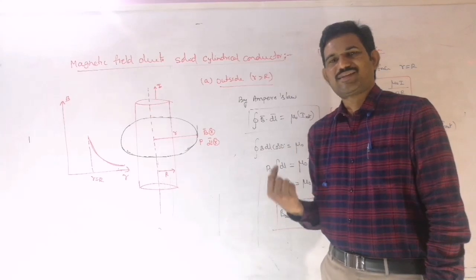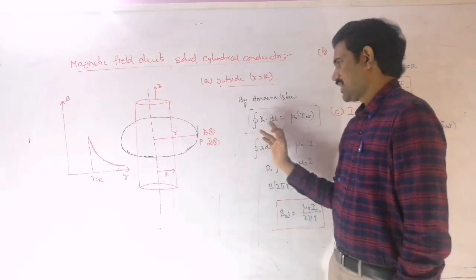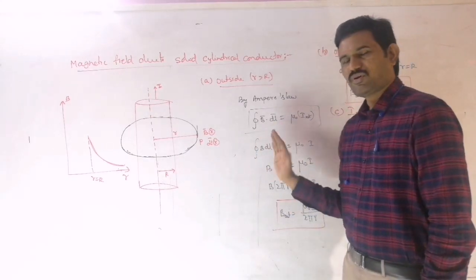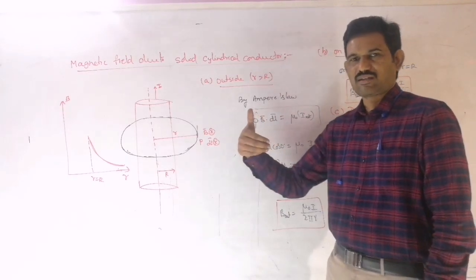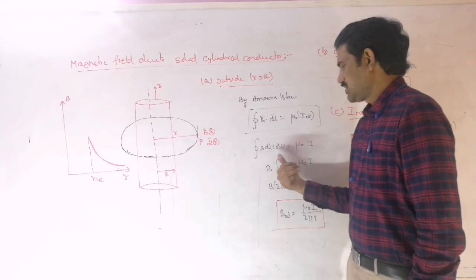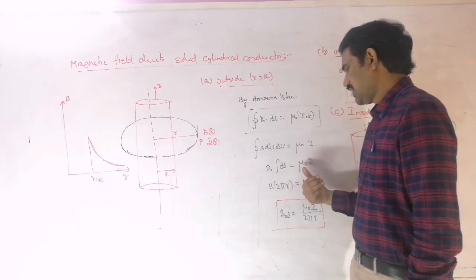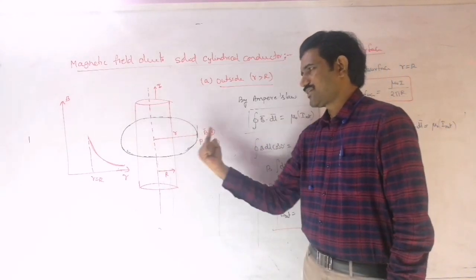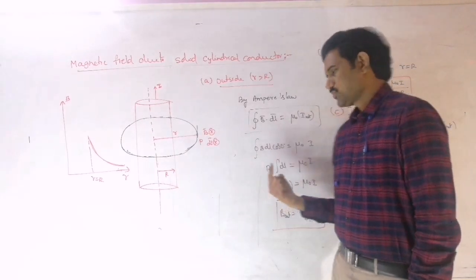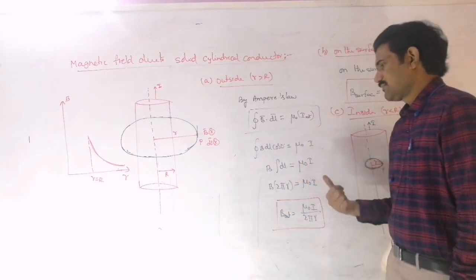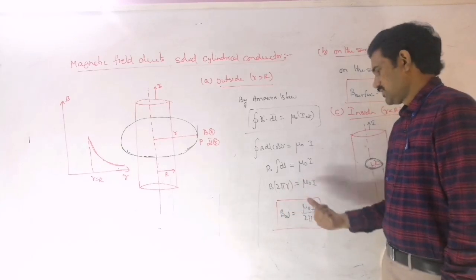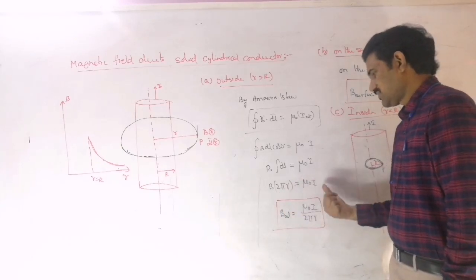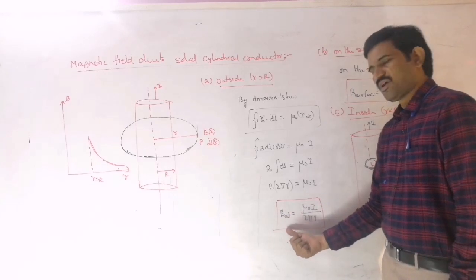Generally when you take a circle around a single conductor, B bar and dl bar are parallel, with the angle 0, since we choose the direction of integration like that. So this value is B into dl, and the total current is enclosed by this Amperian loop, so I net we write as I, and the integral of dl is nothing but 2 pi r here. So B into 2 pi r is equal to mu naught I, and from this we get B outside.